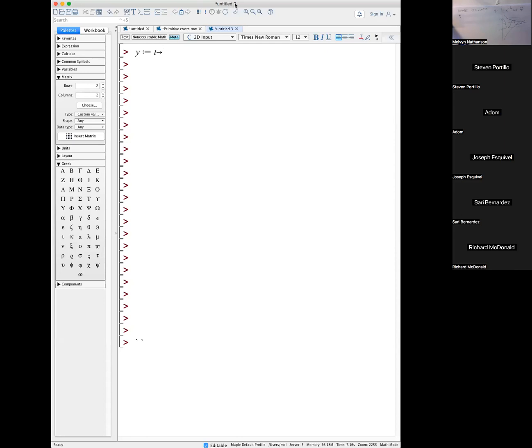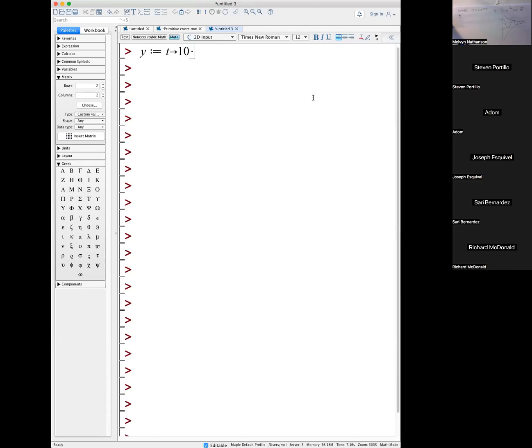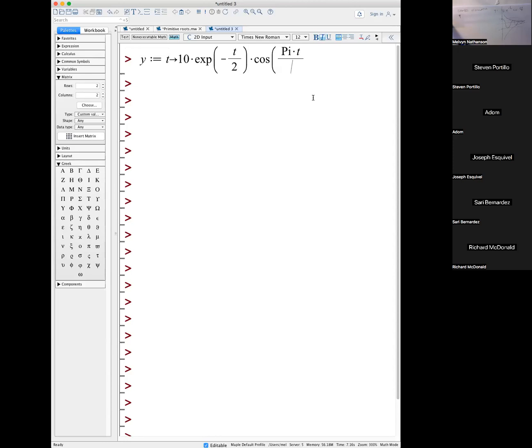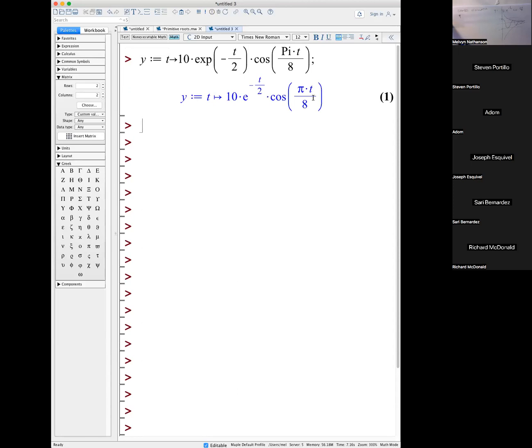Let me see if I can make this a little bigger. t goes to 10 times e, you write e as exp for the exponential function, exp of minus t over 2, times the cosine of pi, capital Pi, times t over 8. Okay. So that is my function, and let me plot it.